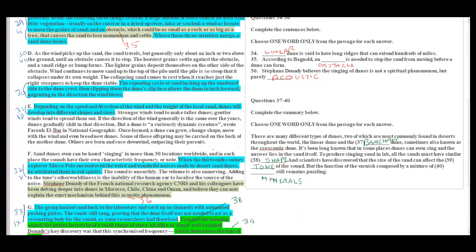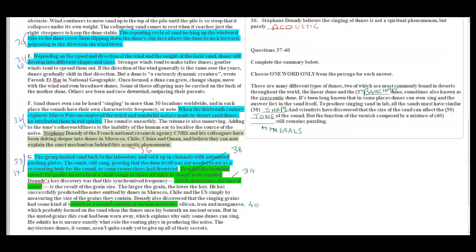Next, moving on to the next part. It has long been known that in some places dunes can even sing, and the answer lies in the sand itself. To produce singing sand in the lab, all the sands must have similar dash, and the scientists have discovered that the size of the sand can affect dash. So for that part, you will find the 38th answer in paragraph G. It's given over here.